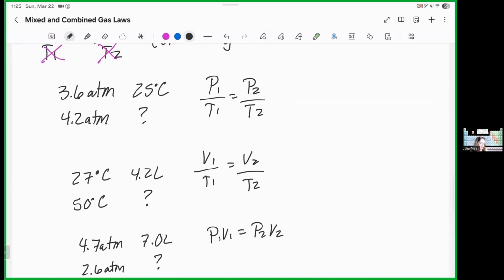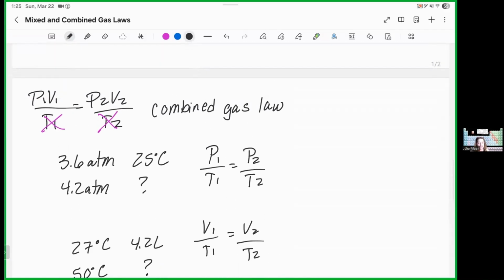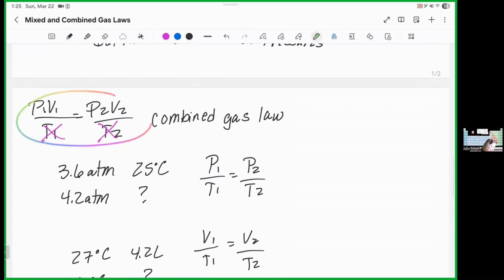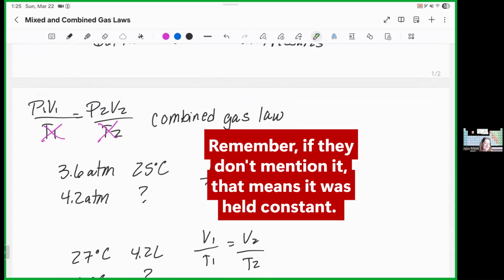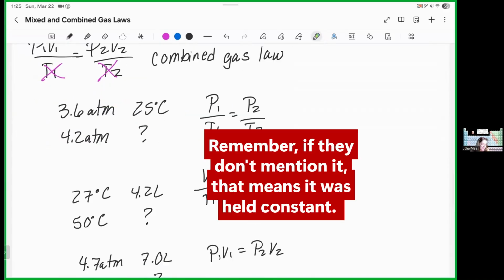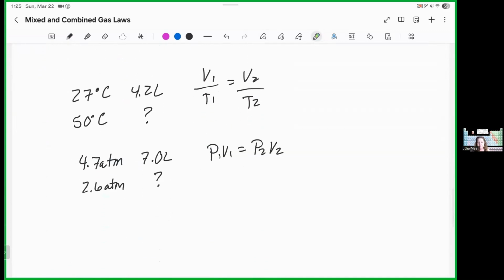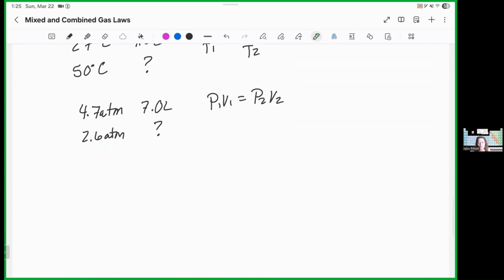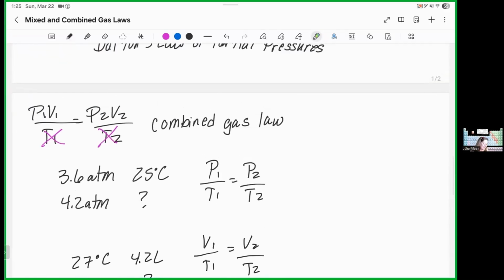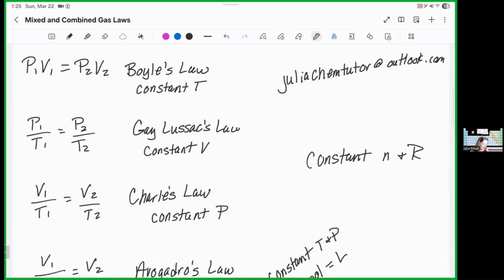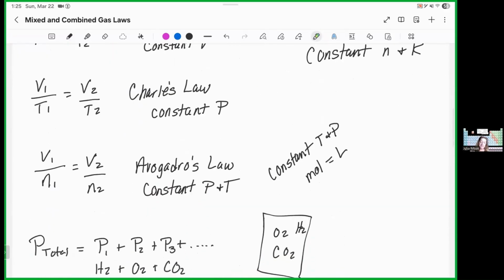So in the combined gas law, if you see two pieces of anything, two pressures, two volumes, two temperatures, you write down your combined law, cross out anything they don't mention or say is held constant, and you get your other individual laws. That's how we use the combined gas law to get three of our other individual laws from it.